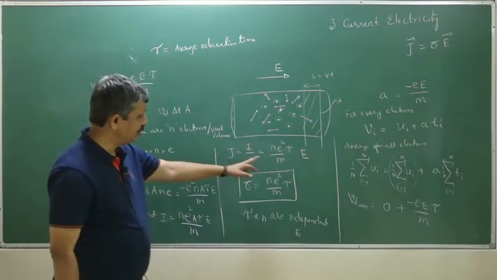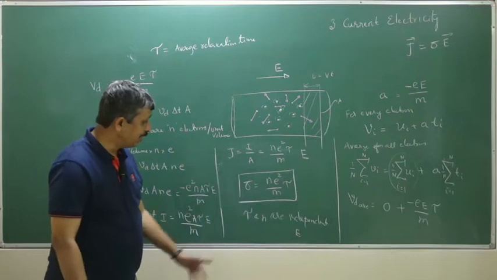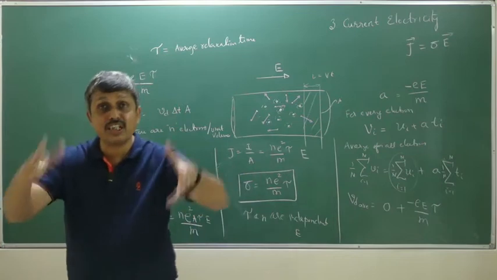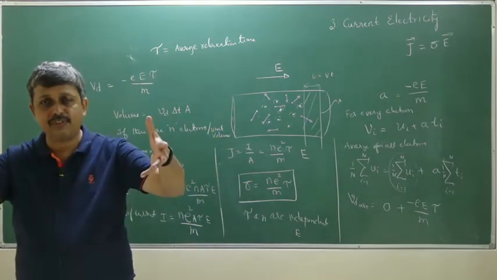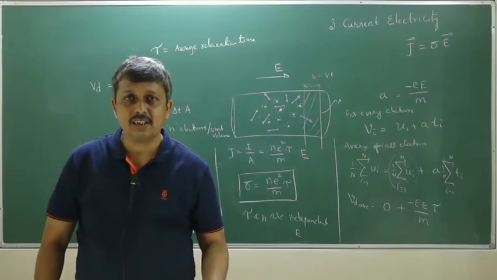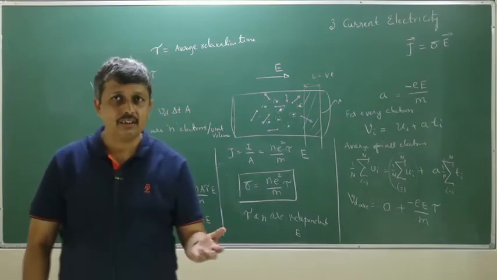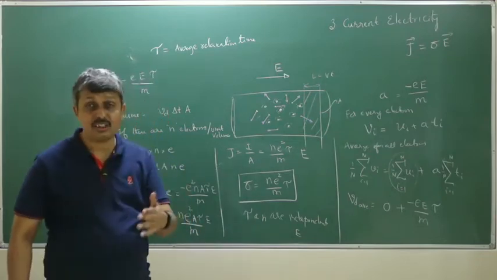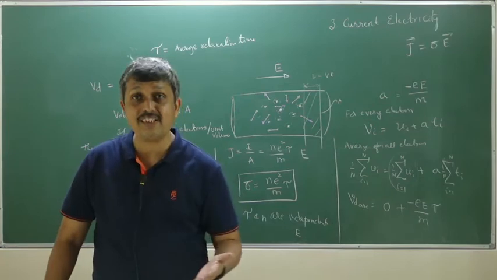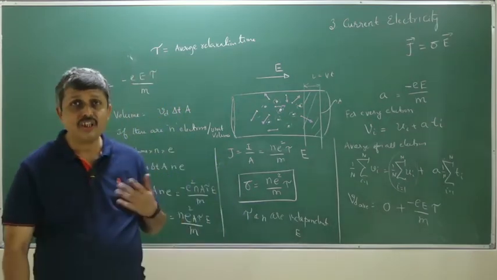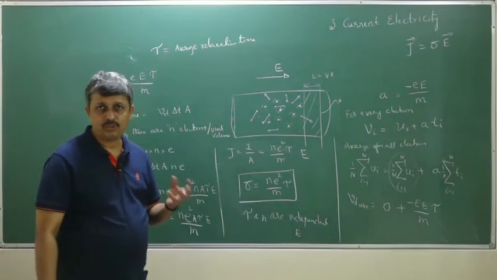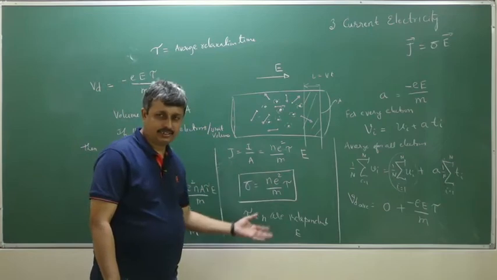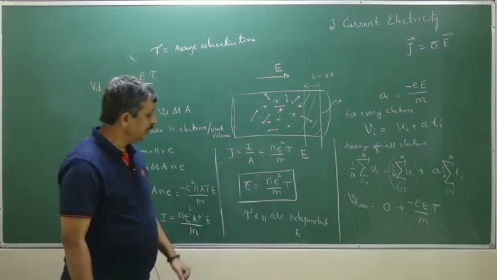Ohm's law is J equal to sigma E. If you increase the electric field and more charges come out and start working, then Ohm's law doesn't work. When we get into electronics, we'll see these things happening where Ohm's law fails. In normal resistors and conductors, like copper, this doesn't happen, so there Ohm's law works.